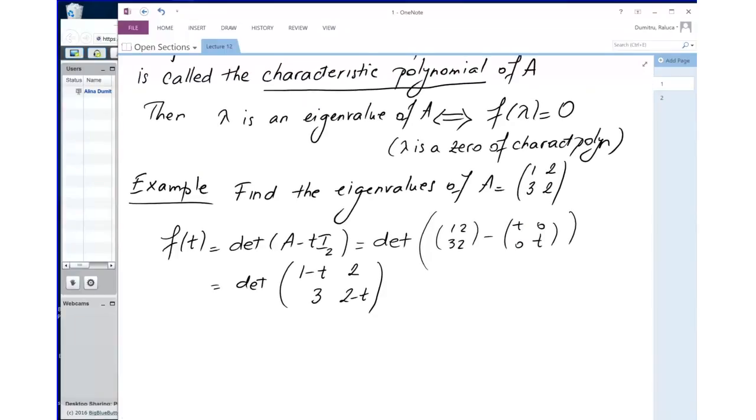It's a 2 by 2 matrix, very easy. The determinant will be 1 minus t times 2 minus t minus 3 times 2, which is 6. And it's a second degree polynomial. I need to find its zeros, so let me multiply it through there. So t squared minus 2t minus t minus 3t plus 2 minus 6 minus 4.